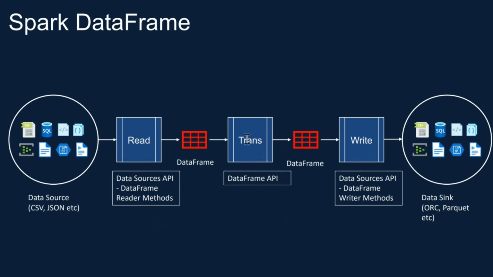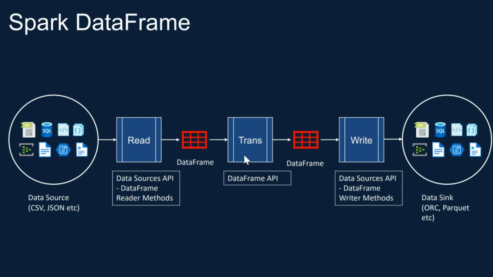Sending an application means that application will be divided into different fragments, as I have already explained, like logically divided partitions. These partitions are nothing but the tasks or stages. So there are actions like reading, transforming, and writing.